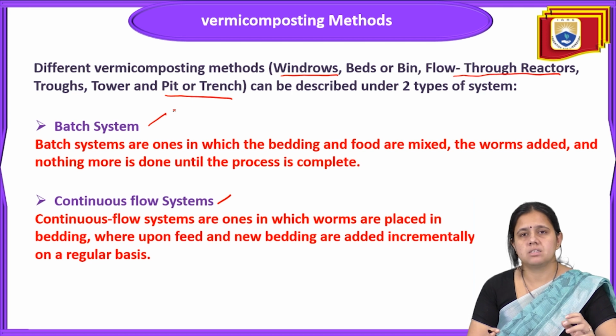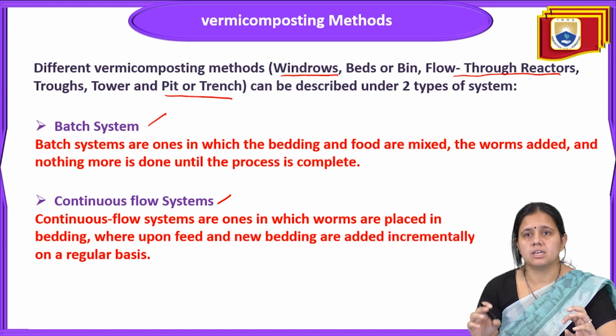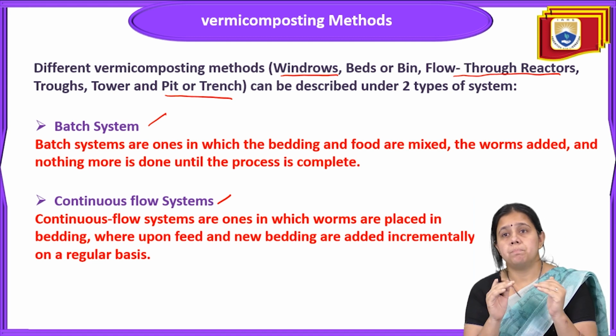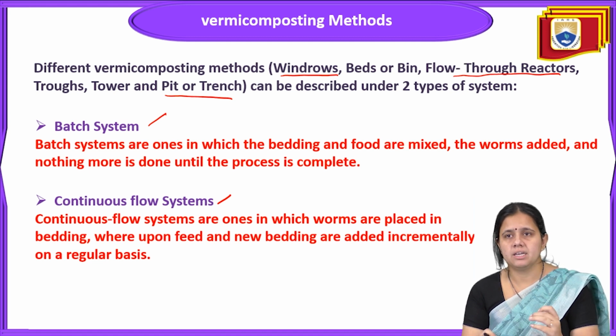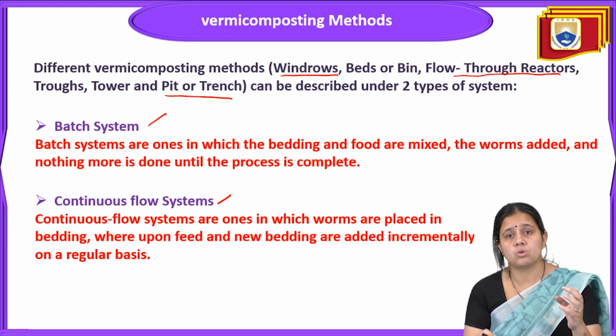So in the batch system, it is one of the methods in which bedding and food are mixed and the worms added, and nothing more is done until the process is complete. So in a batch system, beddings will be made, and in the bedding food is mixed and the worms are also added.